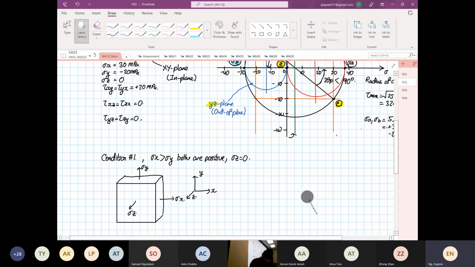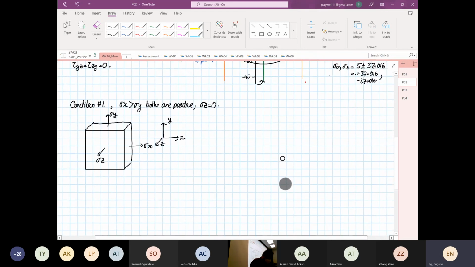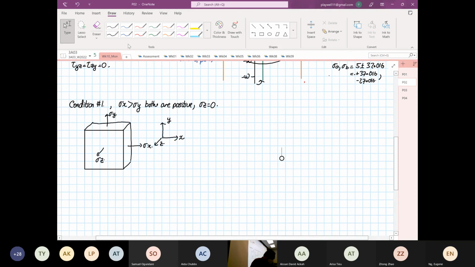Now we are going to sketch the Mohr circle. So this is our normal stress, and then we have our shear stress, clockwise, anti-clockwise.